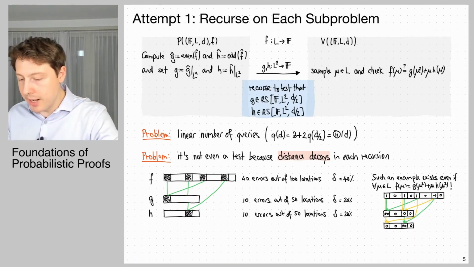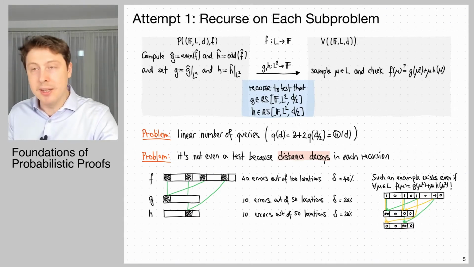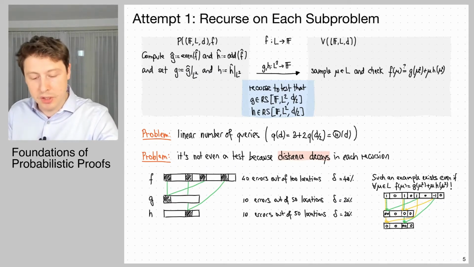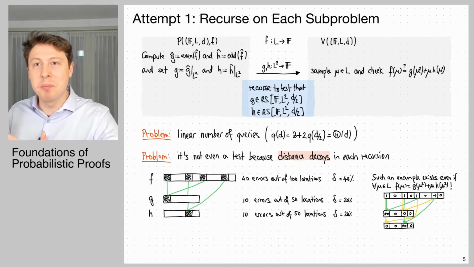So over here, you're going to get this one minus that one, which is 0. And here you're going to get this one minus that one, which is something non-zero. So basically, the punchline is that the adversary could set up the errors so that when you derive the evaluations of the odd and even functions, half the errors disappear because they were set up to cancel each other out.